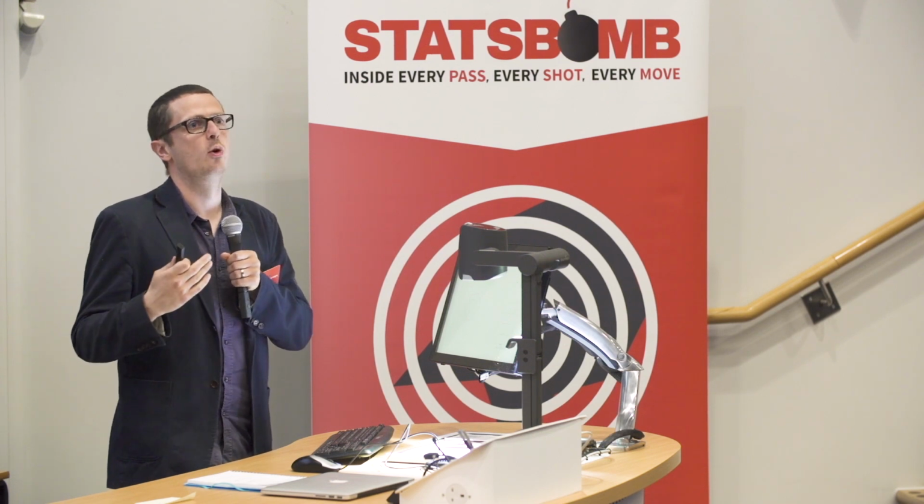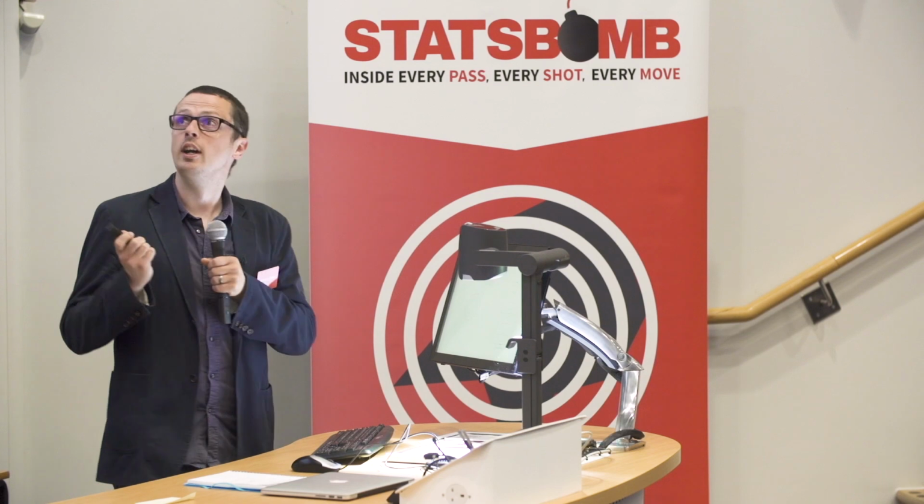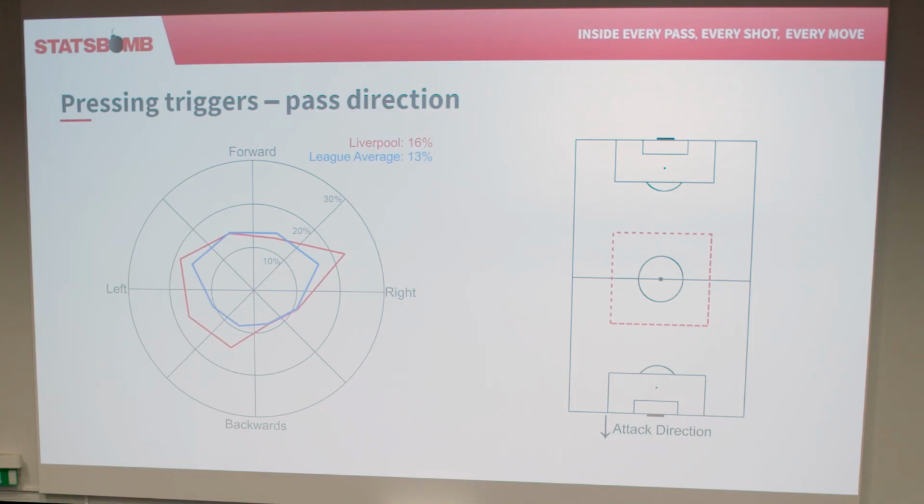So if you pass forwards against Chelsea, expect there to be some pressure coming your way, probably in the form of N'Golo Kante, I imagine. Liverpool, again, we're seeing that tendency towards the flanks and somewhat to backward passes. And that feature with Manchester City is quite strongly there. Again, passes to the flanks, they get pressed. So that's another way you can look at pressing triggers with this data.